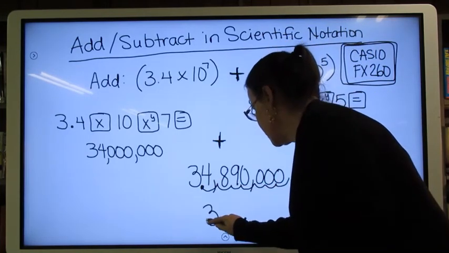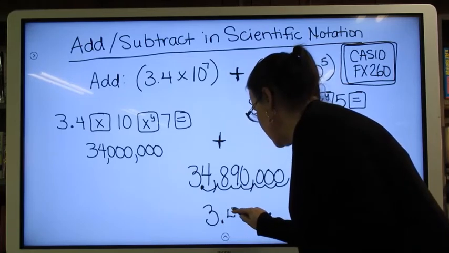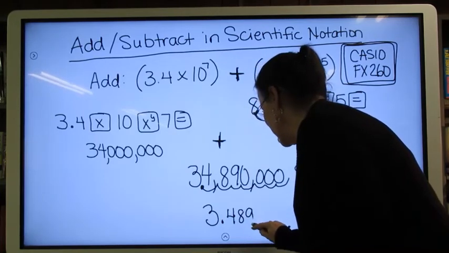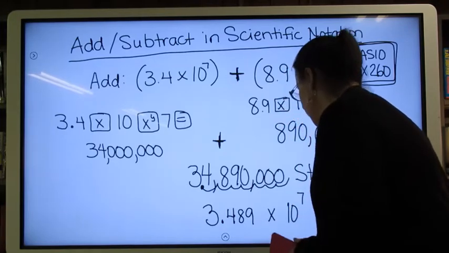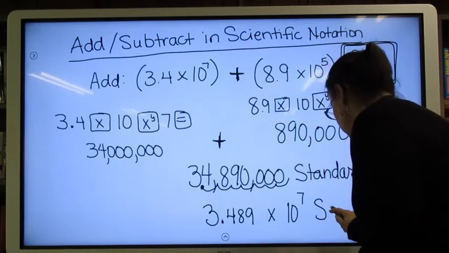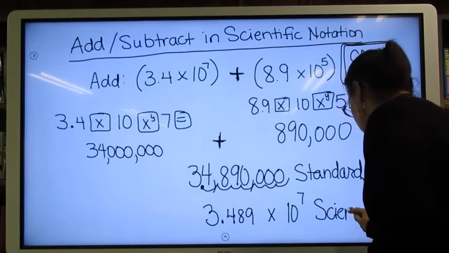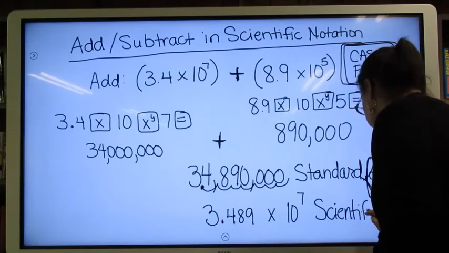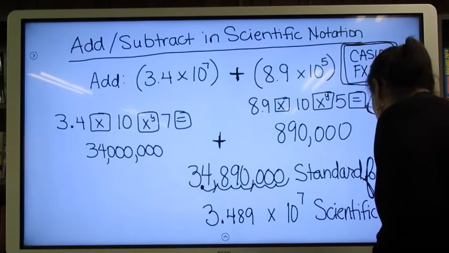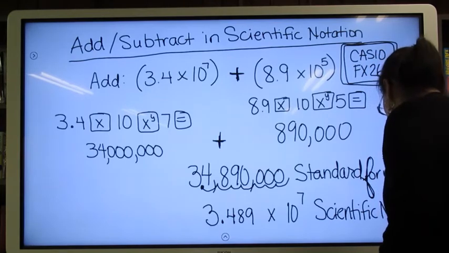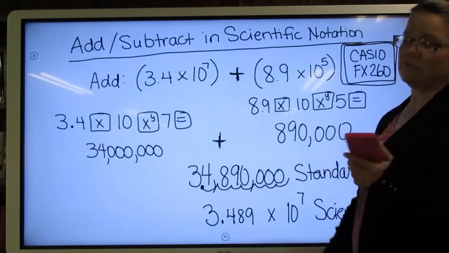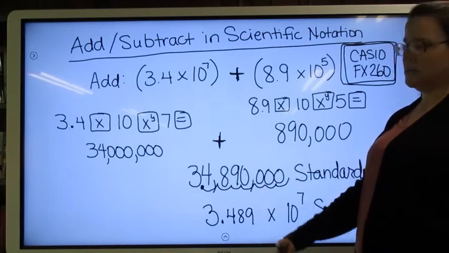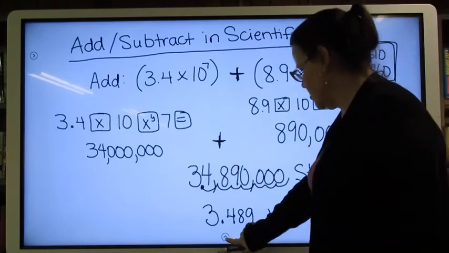And I'm going to write 3.489 times 10 to the 7th power. And this would be your scientific notation. And you have the ability to go back and rewind and look at it again and see what steps I took. So that's how you do that one.